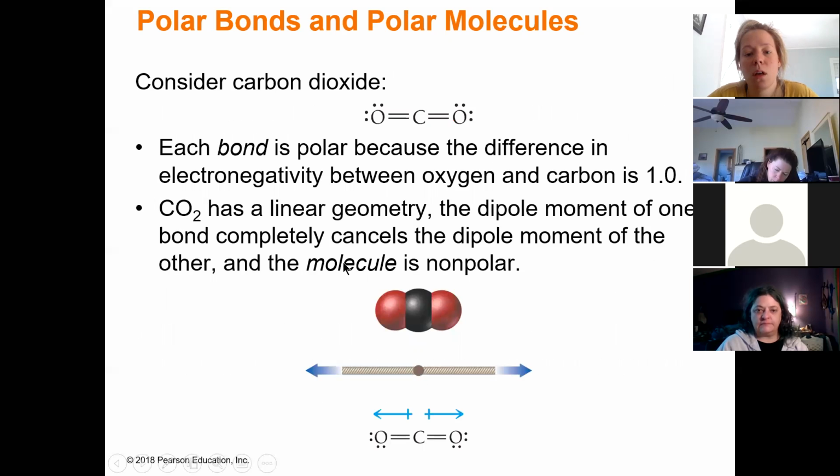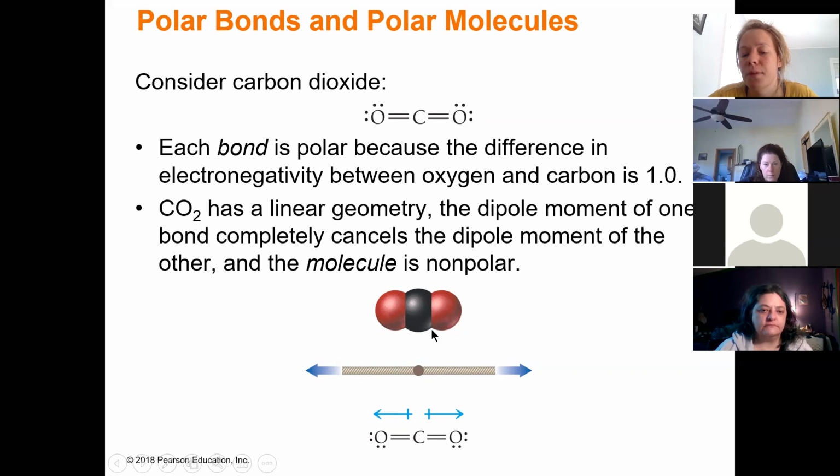Over here, if we look at carbon dioxide, carbon and oxygen have a difference in electronegativities. They don't share the electrons equally. The electrons are going to want to sit closer to the oxygen. Oxygen is greedier. But look at what's happening. This oxygen is pulling on these electrons, and this oxygen is pulling on these electrons. So it's like an even pull.